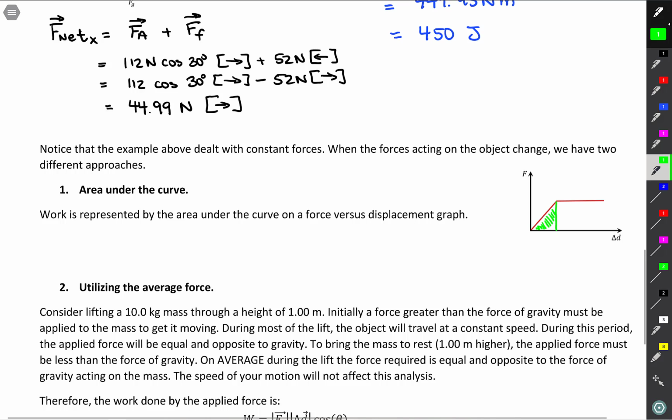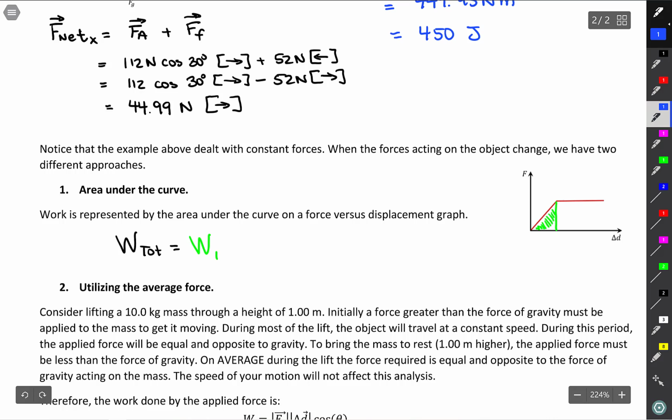So I can say that the total work done in this situation would be the work done for, let's call it area 1, plus, since this now has a rectangular area, the work done for area 2, right? So you can calculate those just based off of the areas. That's kind of neat.